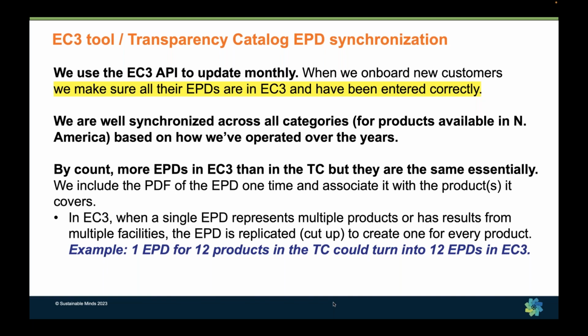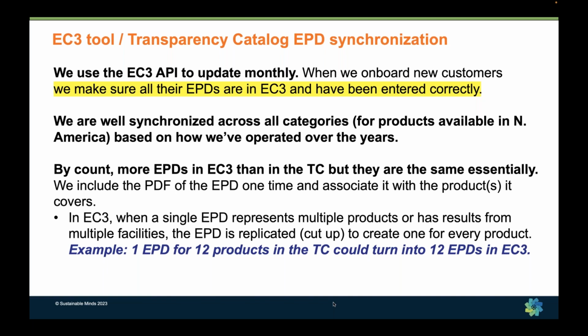It's also important to note that the EC3 tool and the Transparency Catalog have different ways of organizing or categorizing EPDs. So in the Transparency Catalog, we include the PDF of the EPD one time and associate it with the product or multiple products that it covers.